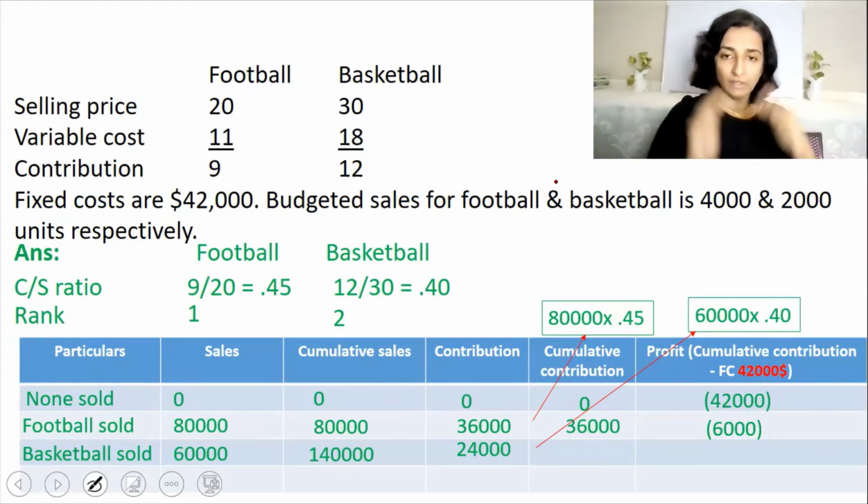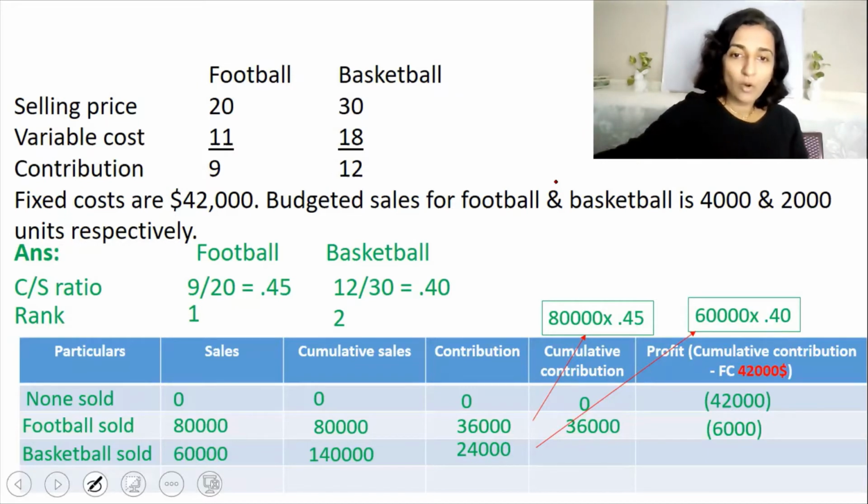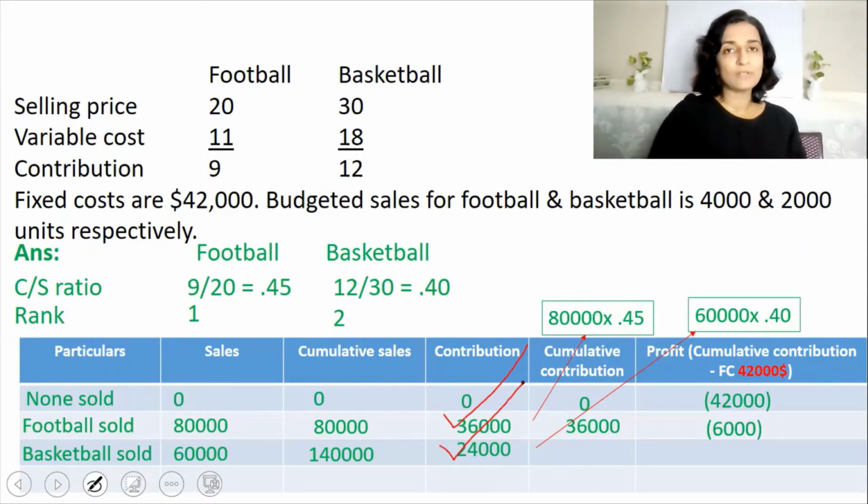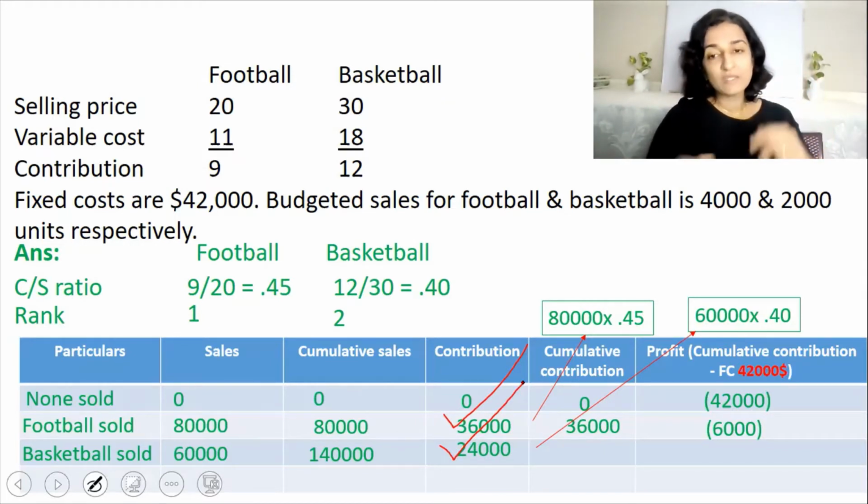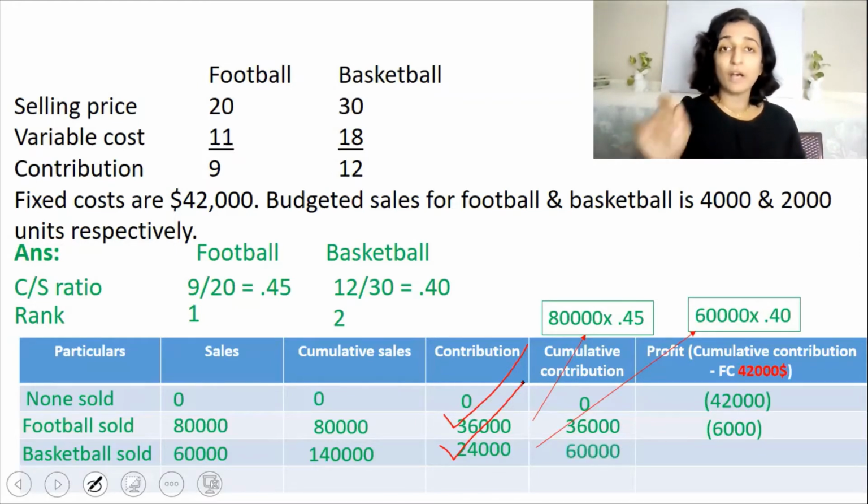Cumulative contribution is the total contribution. So we already have a contribution of 36,000 from the football sales. And now we have a contribution of 24,000 from the basketball sales. So what is the total contribution or the cumulative contribution? It is 36,000 plus 24,000, giving a figure of $60,000.